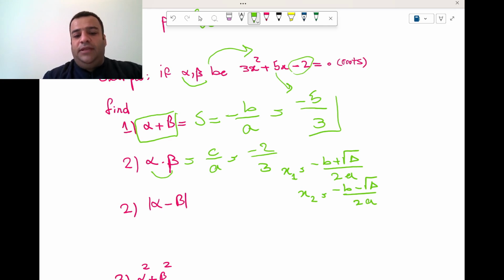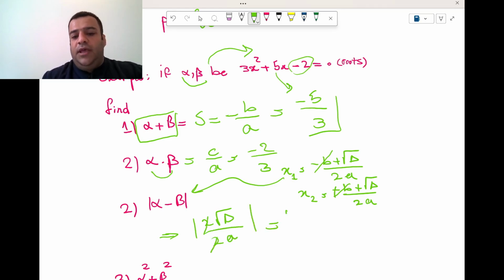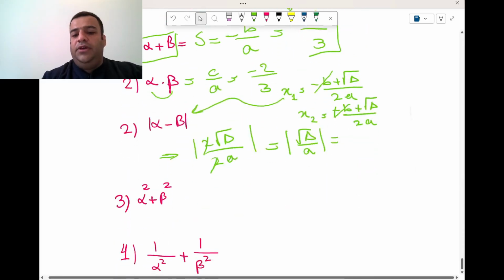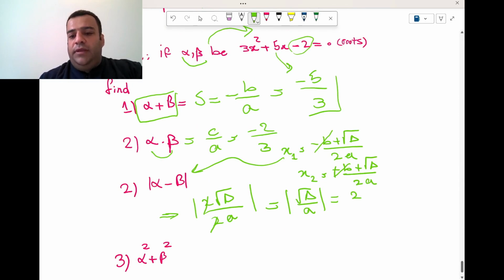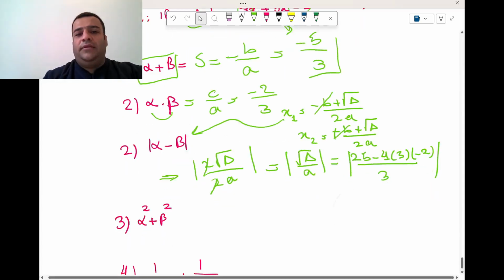When we subtract these two parts, the minus b terms cancel. On the top is 2 radical delta divided by 2a, and the 2s cancel each other. The answer is radical delta over a, and here delta is b power 2 minus 4ac, which is 25 minus 4 times 3 times minus 2, all divided by 3 in absolute value, and it is just a calculation.